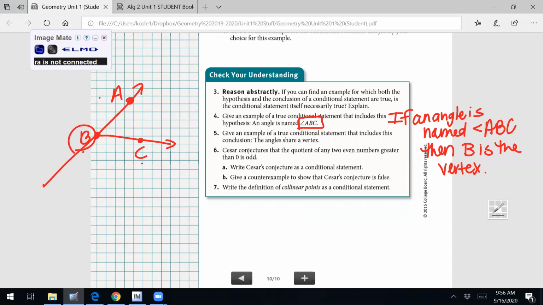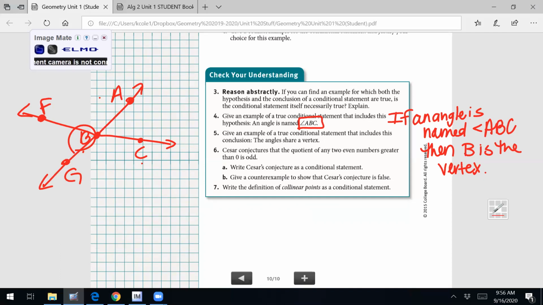Yeah. And have like F, B, G. Okay, cool. That would work. So you could say, if the angles ABC and angles FBG are together, then the angles share a vertex.